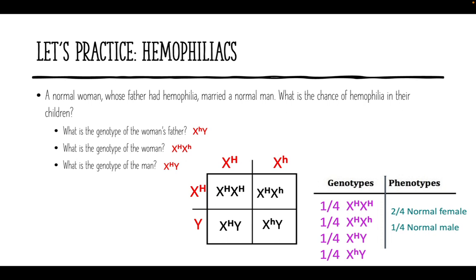We'll have 1 normal male, an XY set with a capital H, and 1 out of 4 is hemophiliac, or 1 out of 2 males, meaning that he did receive the recessive trait from the genetic line.